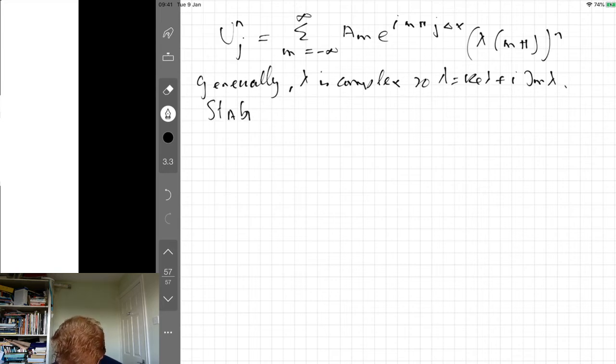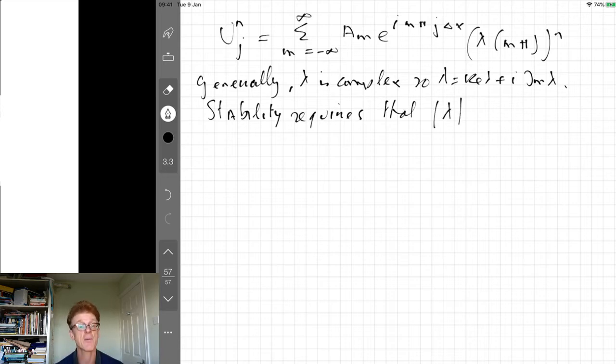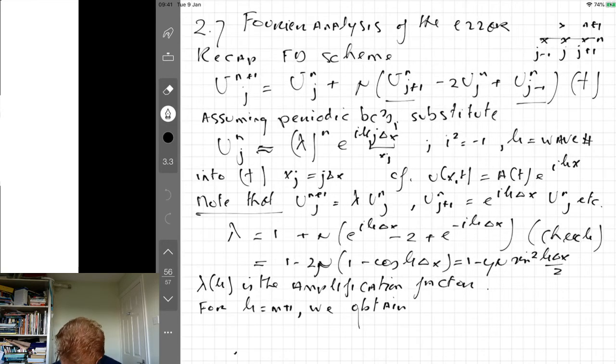Stability requires that the modulus of lambda, being complex, is less than or equal to 1. So why is this a requirement for stability? Well, let's go to the ansatz. The ansatz has lambda to the power n.